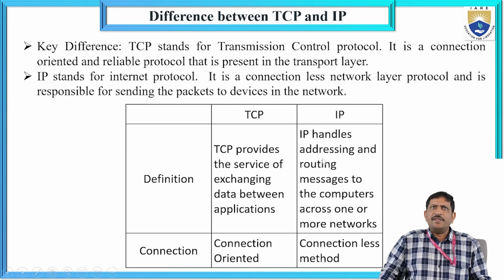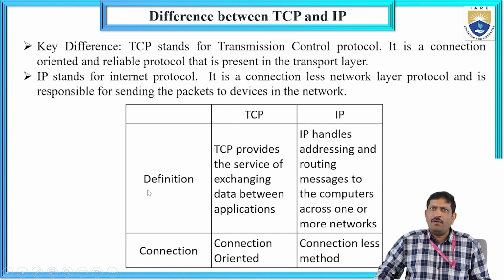Difference between TCP and IP. The key difference between TCP and IP: TCP stands for Transmission Control Protocol. It is a connection oriented and reliable protocol that is present in the transport layer. IP stands for Internet Protocol. It is a connectionless network layer protocol and is responsible for sending the packets to devices in the network.